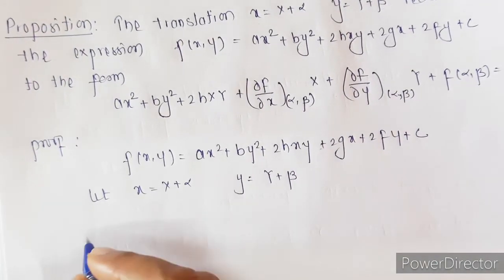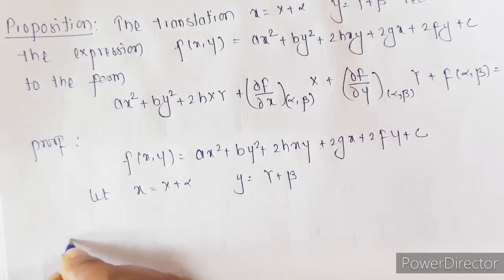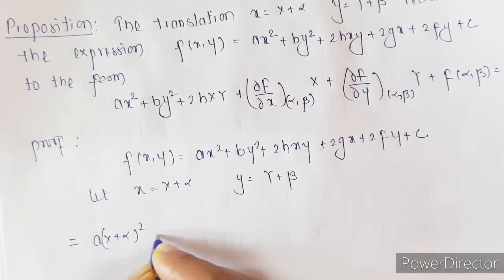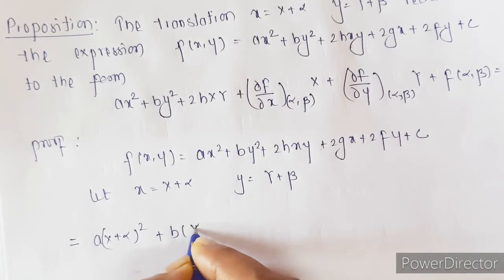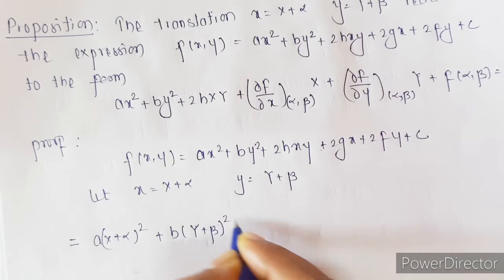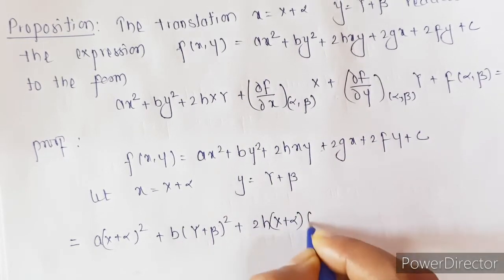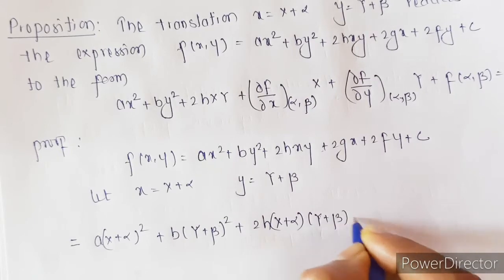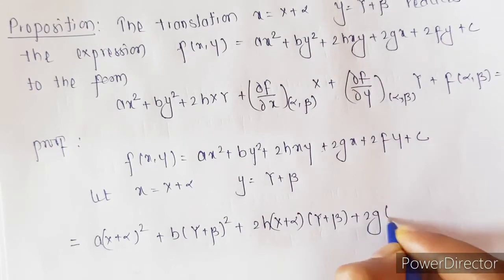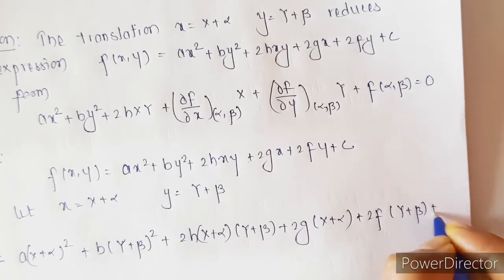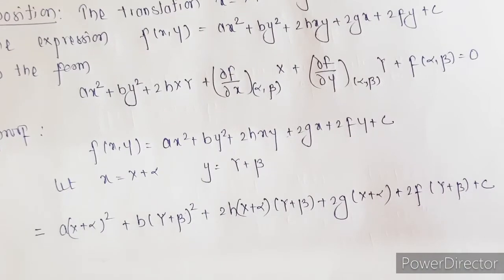Let's substitute this. So this equation will now be a(X plus alpha) square plus b(Y plus beta) square plus 2h(X plus alpha)(Y plus beta) plus 2g(X plus alpha) plus 2f(Y plus beta) plus c.